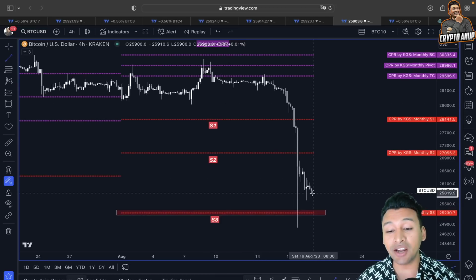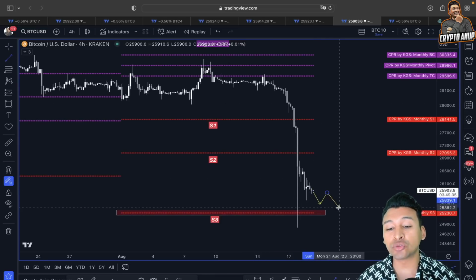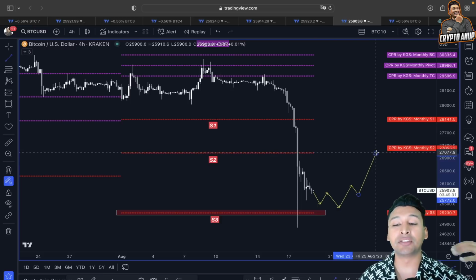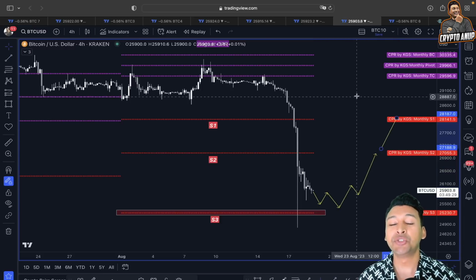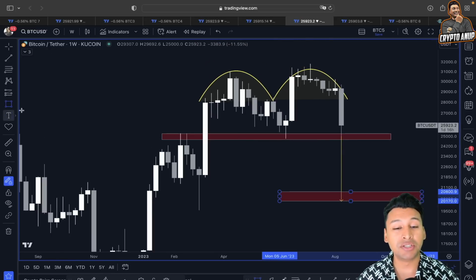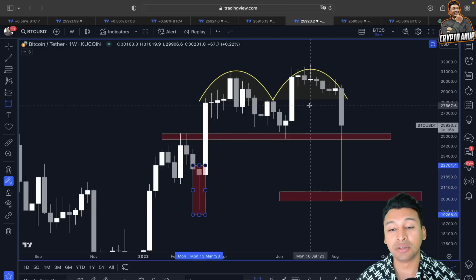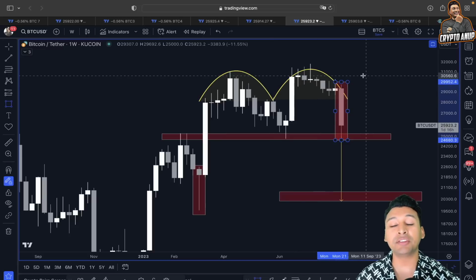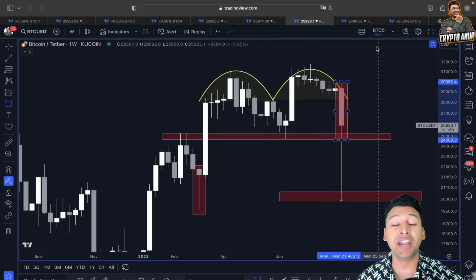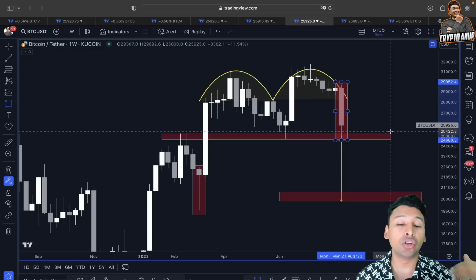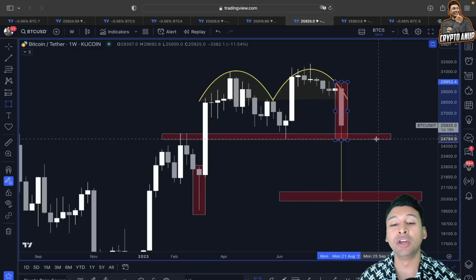So if the price in the medium short term manages to remain above this 25,000, then there might be another attempt to break out of this 27,000 and even the 28,000 range, and price faking this entire move just like from this past price action, right? The entire move will be looked at as a fake out, and price after that could be heading towards forming another higher high, because we are still forming a higher highs, higher lows continuation pattern as long as we remain above the 25,000 range.